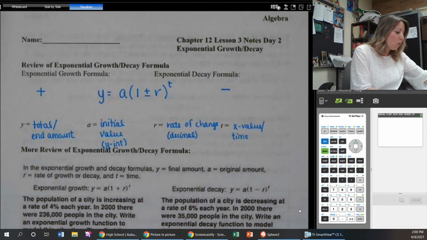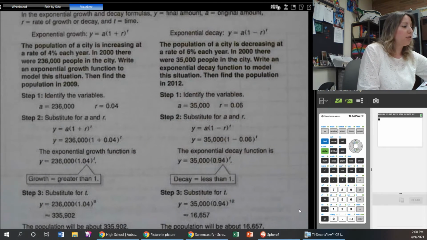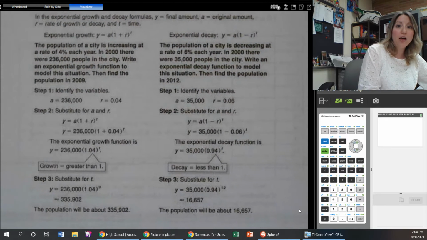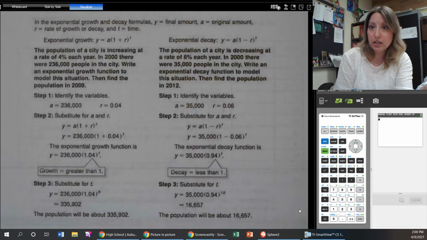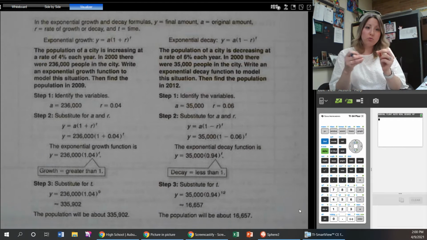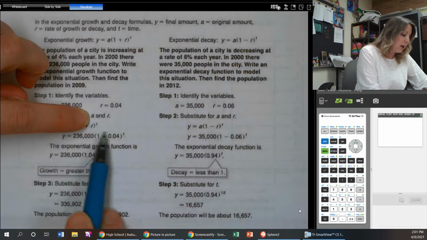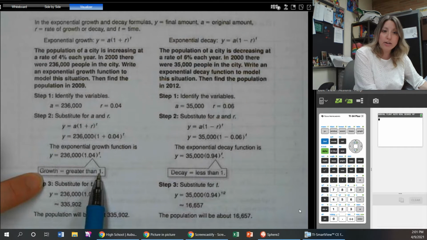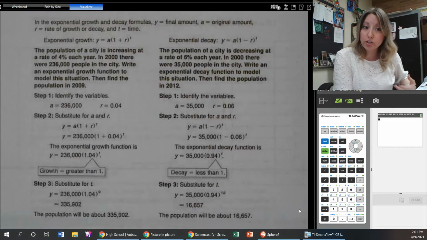So, of course, what I have here to just quickly review are the types of word problems where we looked at this. These are two different scenarios where on the left side, I'm increasing the population of a city. So I use the plus sign in my formula and add these two values together because I have a greater than 1 base, that's going to be an exponential increase or a growth.